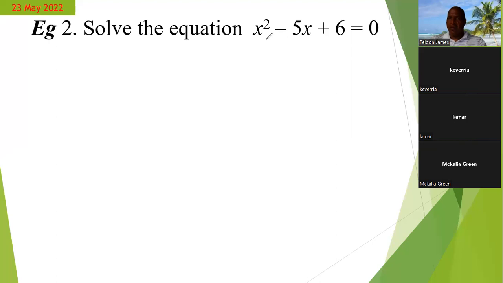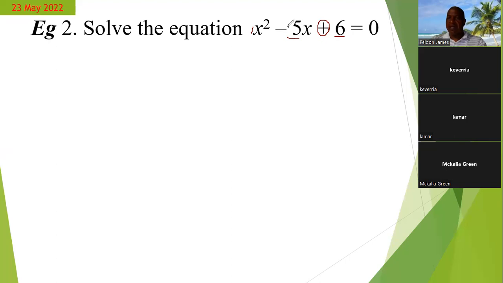All right. So here we have this quadratic situation where the coefficient of x squared is 1. Once you have this case, what you need to do is find two numbers that multiply to give you the last term, and when you add them, you get the coefficient of the middle term. Now, the last term is positive, so the two numbers you're looking for could be either two negatives or two positives.